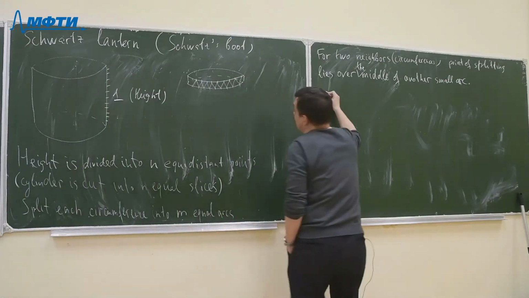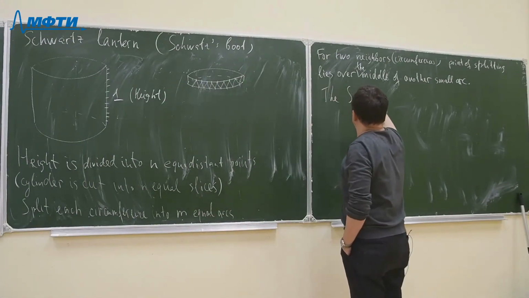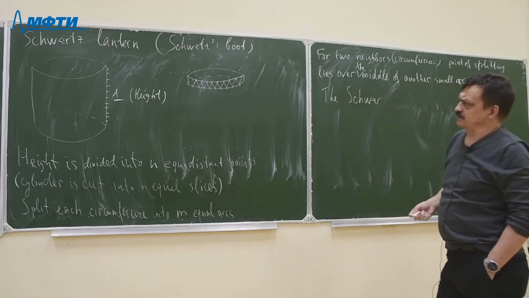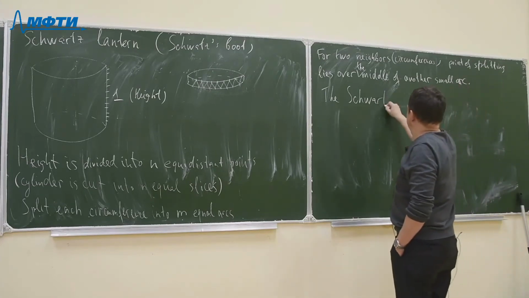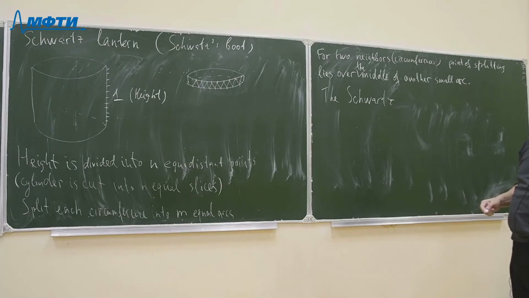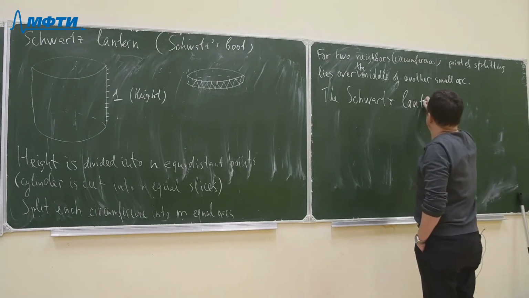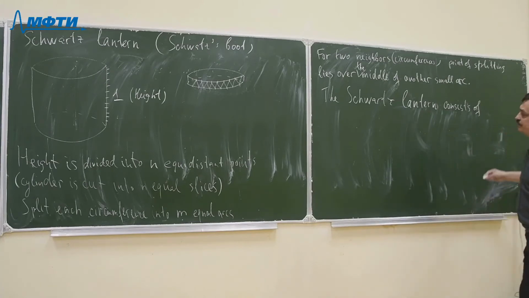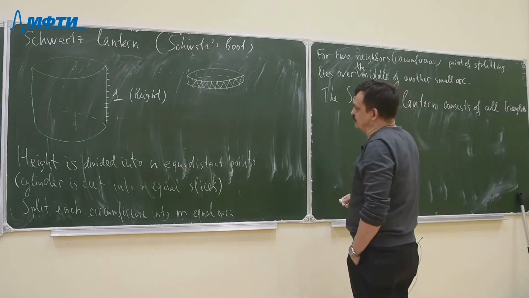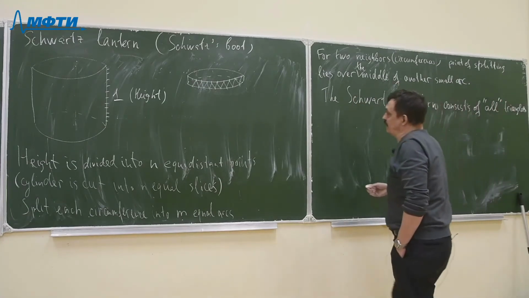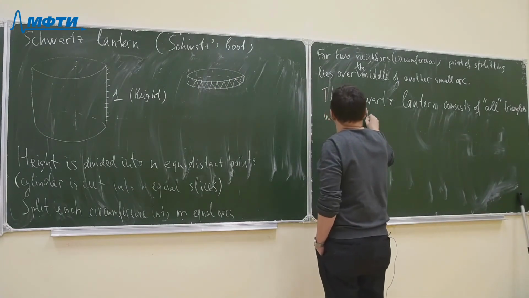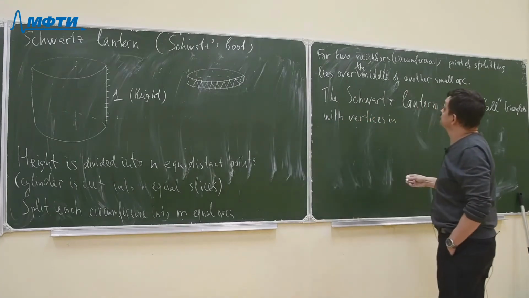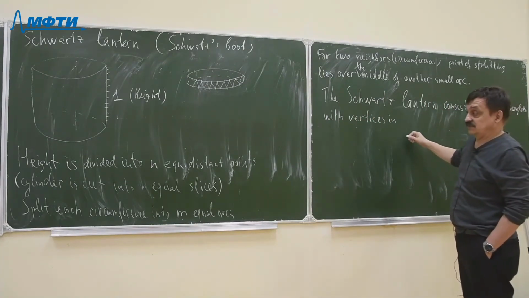So the Schwarz, not sure if I write correctly, the Schwarz lantern consists of all triangles, of course not all triangles, with vertices in splitting points.